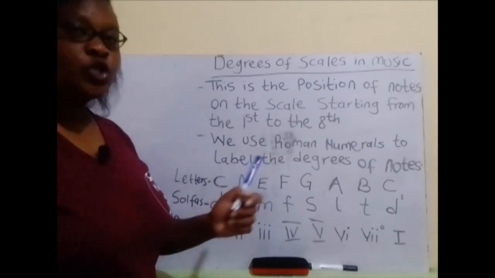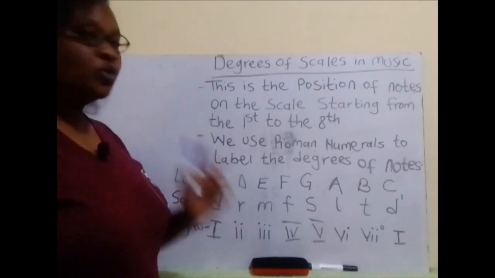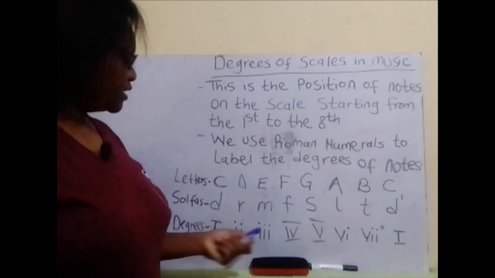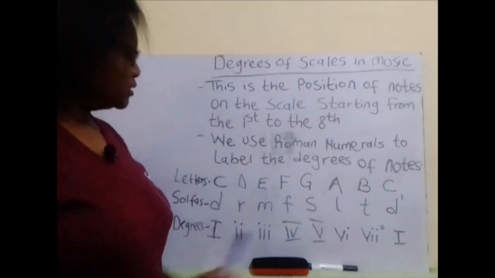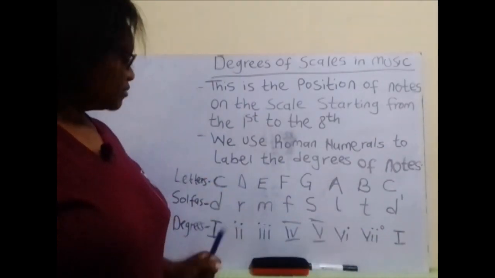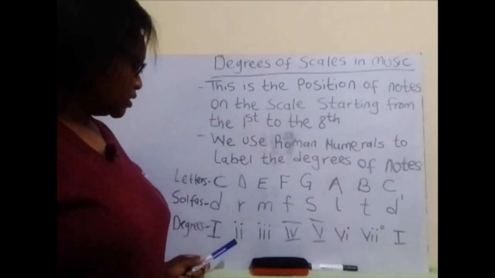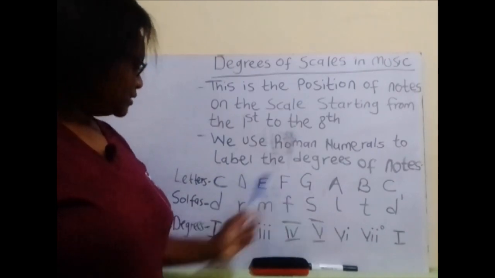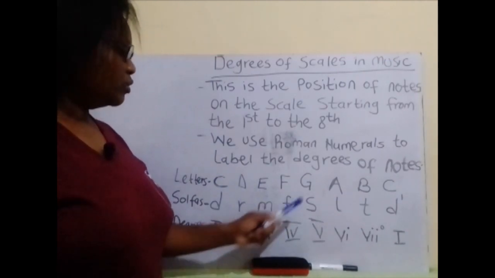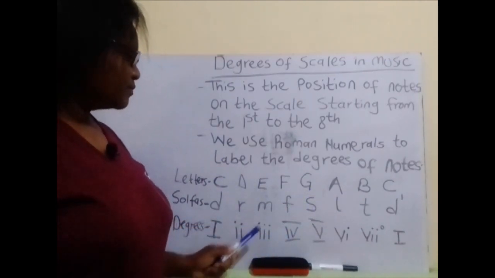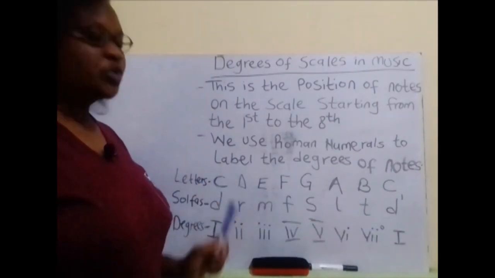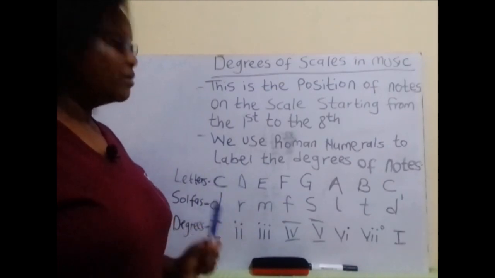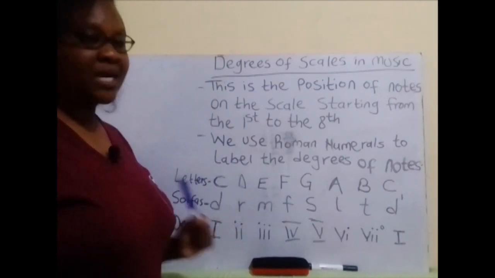And when you want to label the degrees, the rule is that you use the Roman numerals to label them from number 1 to number 7. The way they appear, whether capital or small Roman, you will allow me to touch on it when we start learning about major and minor.